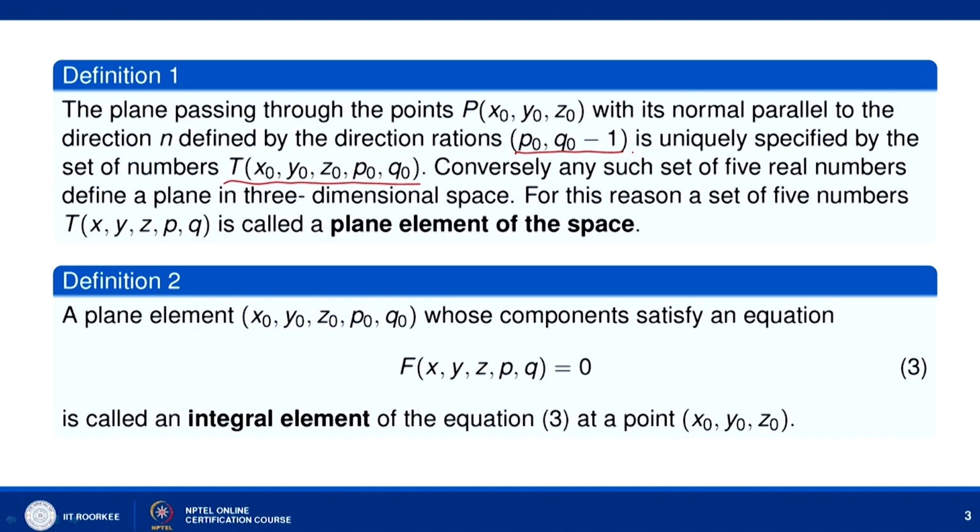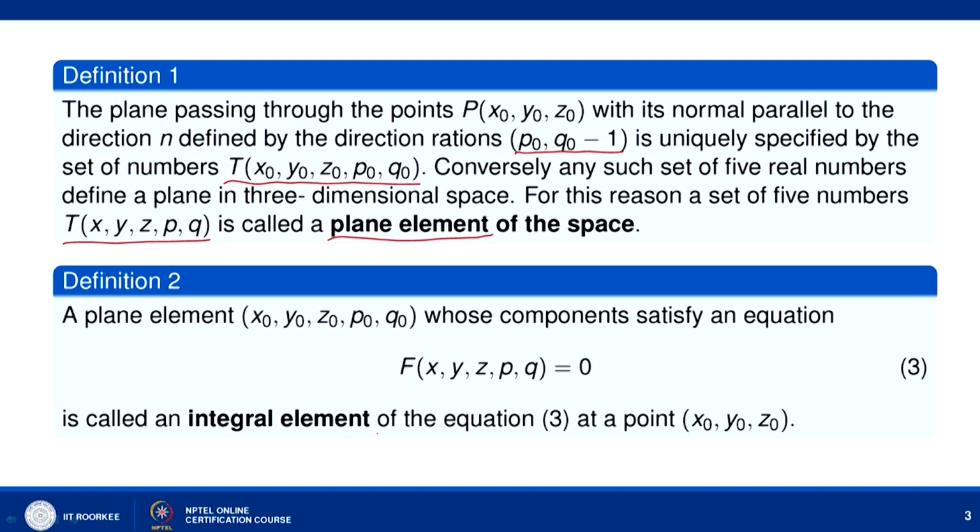Conversely, any such set of 5 real numbers defines a plane in 3 dimensional space, and for this reason a set of 5 numbers (x, y, z, p, q) is called a plane element. Whenever we have this kind of 5 tuple, we say that it is a plane element of this space. Now, a plane element whose components satisfy an equation f(x, y, z, p, q) equal to 0 is called an integral element.